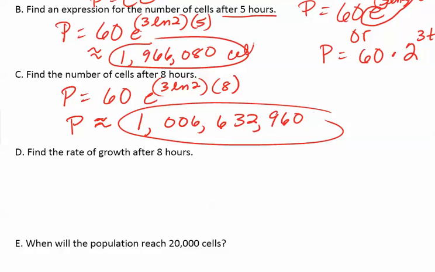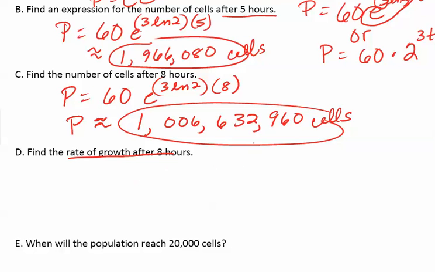These would be in the number of cells, by the way. And our rate of growth after 8 hours. All right, now let's think about this. Not the K value. This doesn't say relative rate of growth. This says our rate of growth after 8 hours.